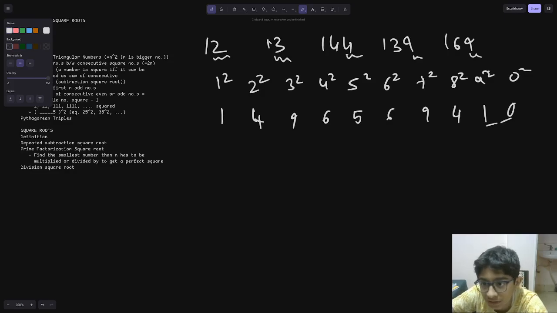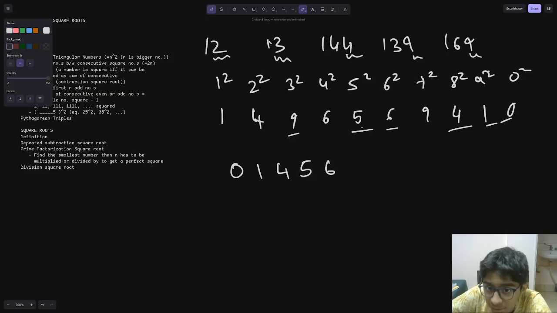So the only digits that are at the ending of a square number are 0, 1, 4, 5, 6 or 9. If a number does not end in these digits, it is not a square number.